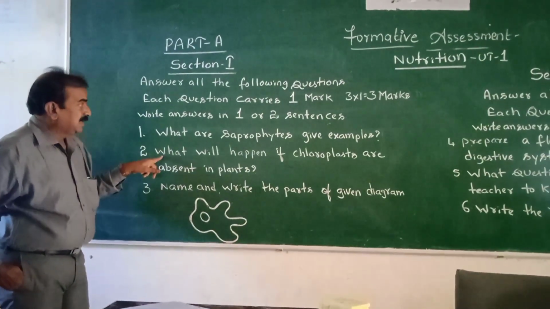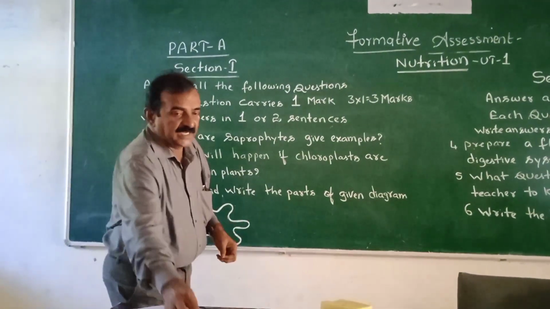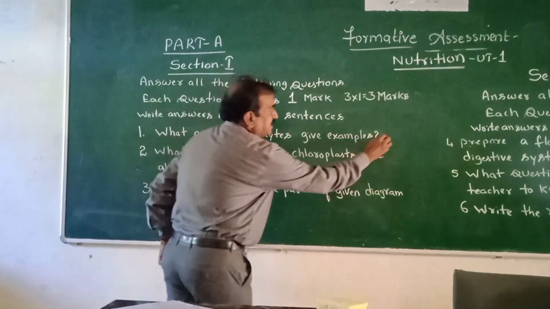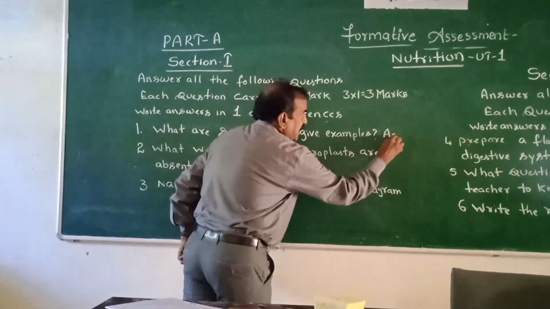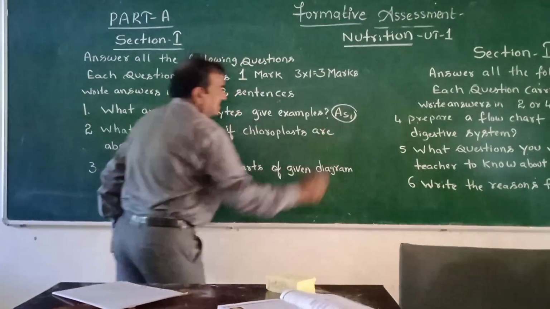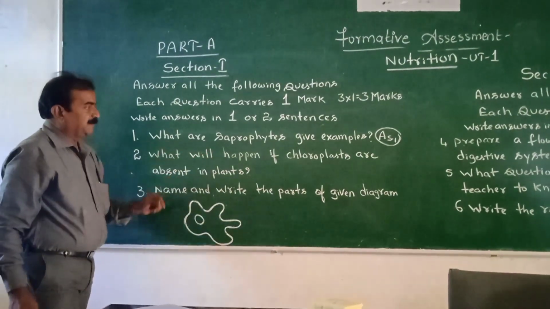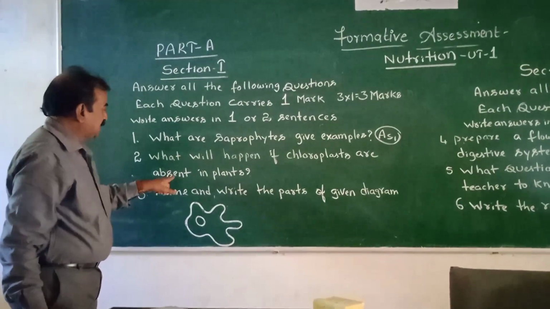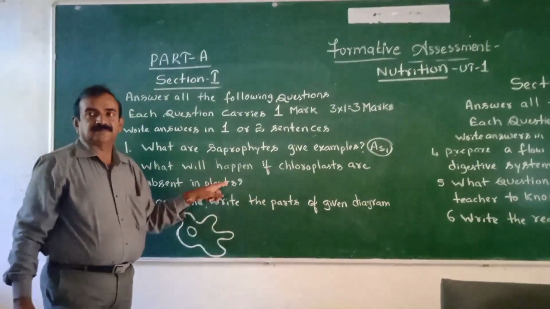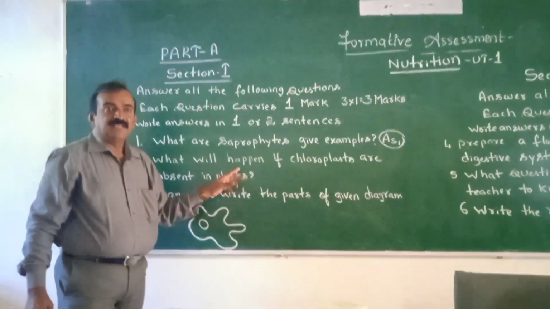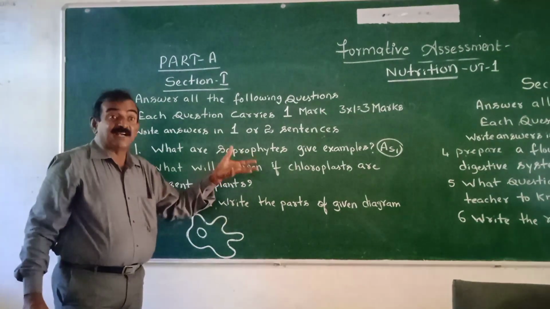And next question, and this is an AS1 question. AS1 means Academic Standard 1. Now I am telling you: what will happen if chloroplasts are absent in the plant?